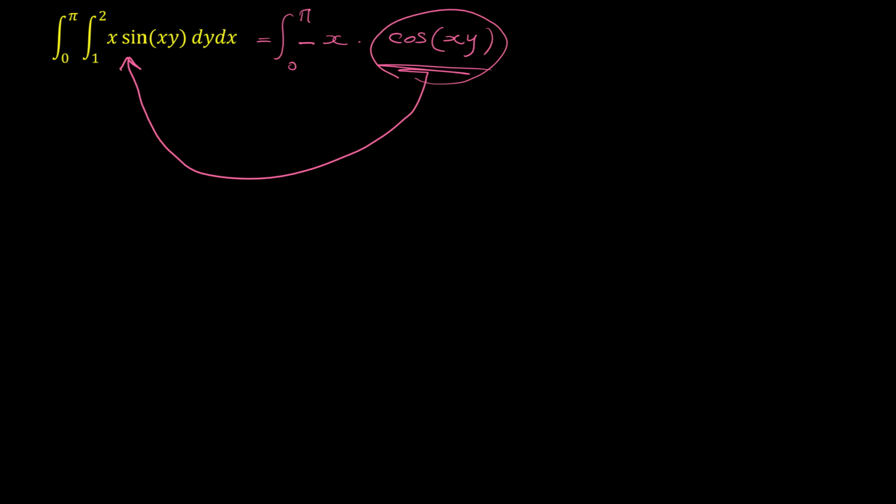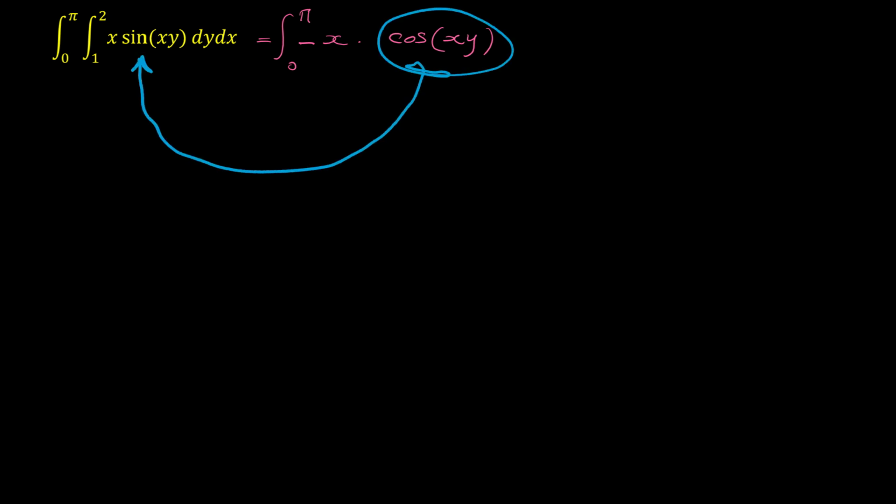So finally, what is the integral of sine of xy dy? The integral of sine of xy dy is cosine of xy. Attention, the derivative of cosine is negative sine. And we have a negative in the answer because the integral of sine is negative cosine. So let me put the negative here. What else do we have to multiply this by? The reciprocal of this number. Because when we are finding the derivative of cosine, the derivative of cosine is negative sine, which is here.